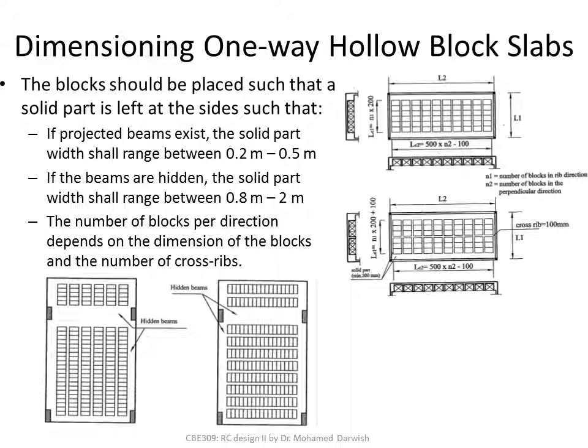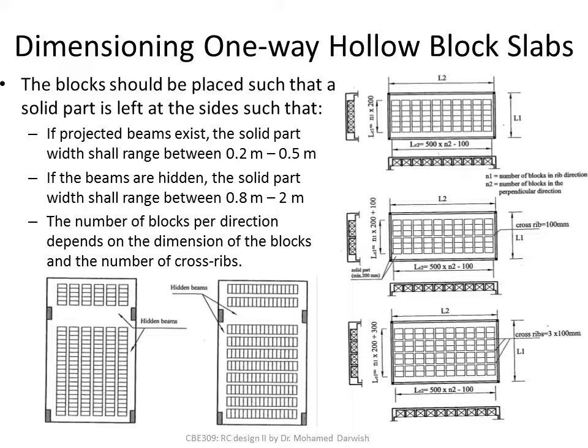The number of blocks per direction depends on the dimension of the blocks and the number of cross ribs. So here you have 500 times n2. What's 500 times n2? This 500 is the dimension of the block, times n2, minus 100. We'll discuss in detail how this is calculated.